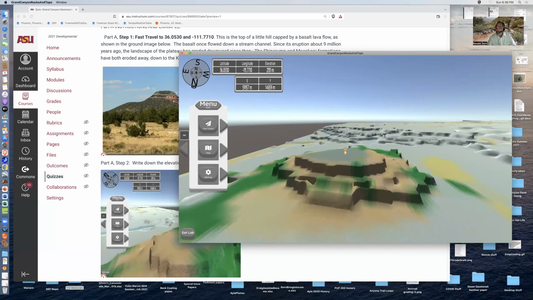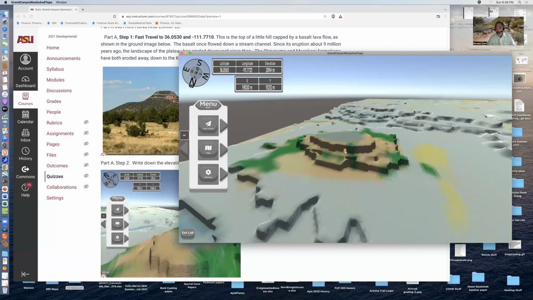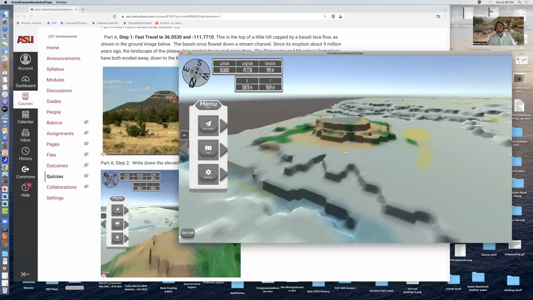So I'm looking now at the top of the lava flow at an elevation of 2131 meters. I'm going to run my avatar off the top of the plateau to the surrounding landscape, and it's 1951 meters.